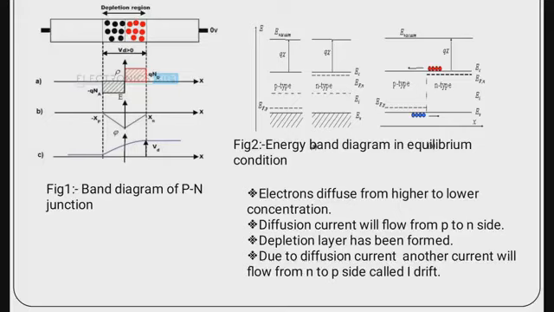So we know that current or field will flow from positive to negative side. Hence the drift current, denoted by I drift, will flow from the positive N side to the P side, because the N side has positive immobile ions and the P side has negative immobile ions.